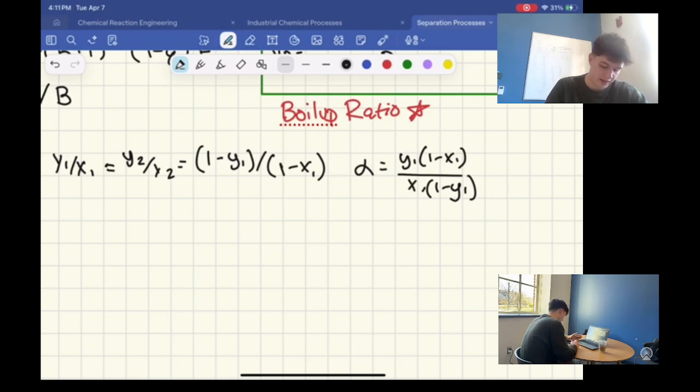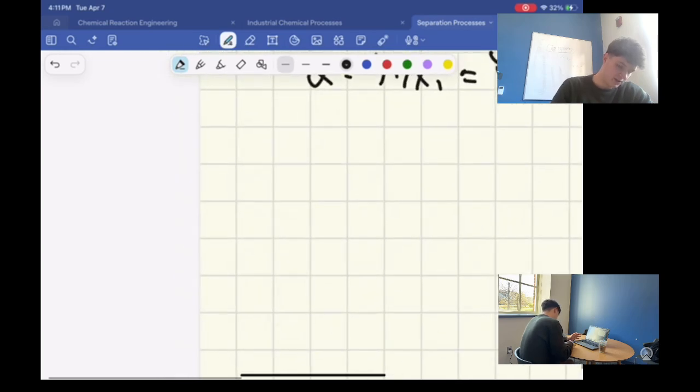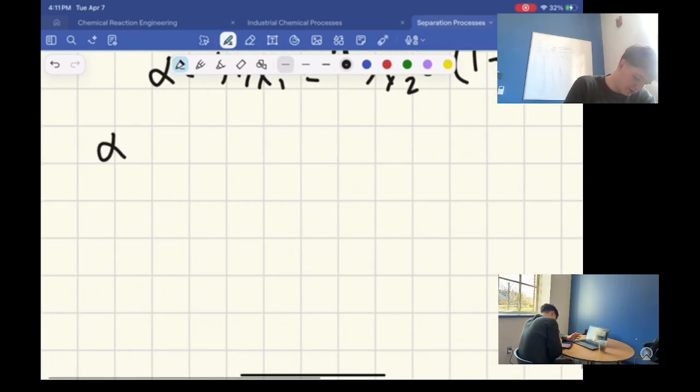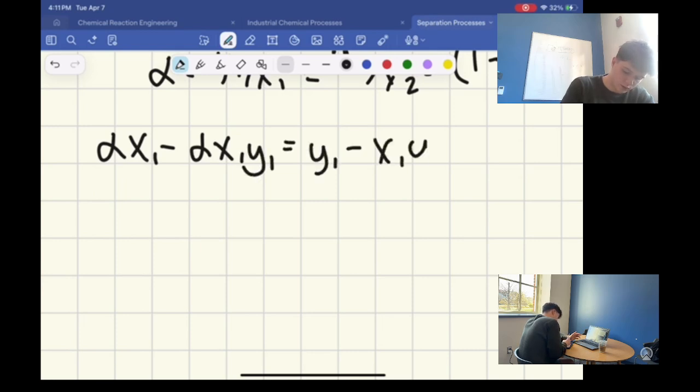Then from here again, you can cross multiply to get alpha x1 minus alpha x1 y1 is equal to y1 minus x1 y1.